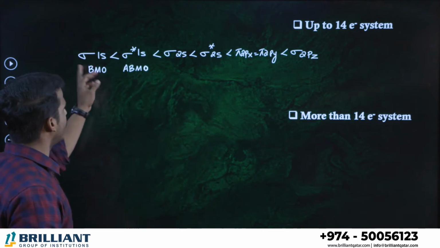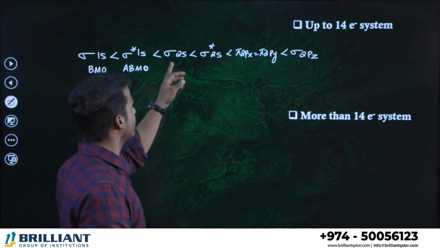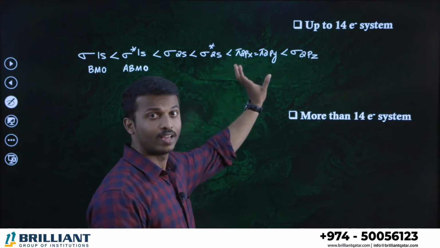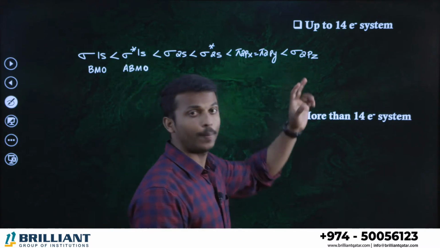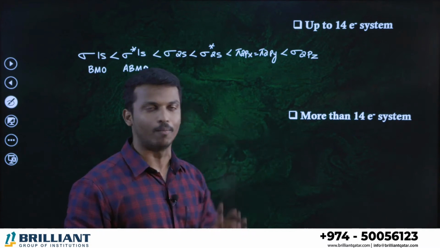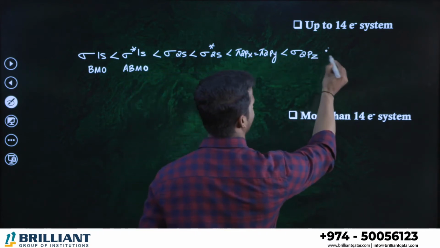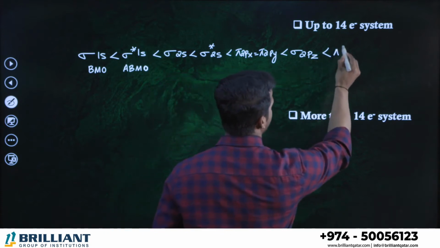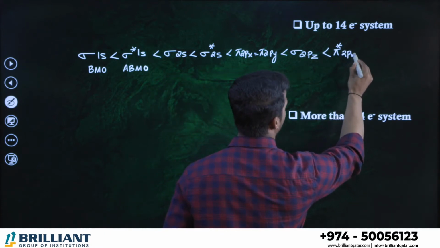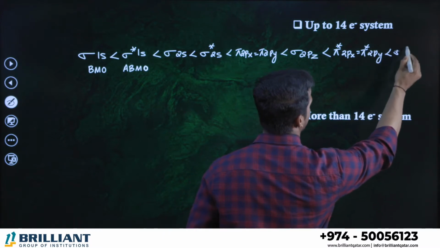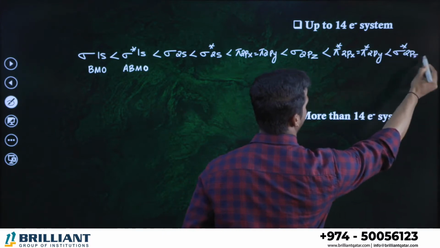So sigma 1s has an ABMO, sigma 2s has an ABMO. These pi 2px, pi 2py are BMO, without a star. Sigma 2pz is also without a star. They are BMO, so there will be a corresponding ABMO. What is the next one, dear all of you? Pi star 2px equal to pi star 2py, and the last one is sigma star 2pz.